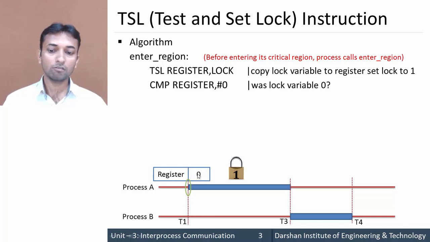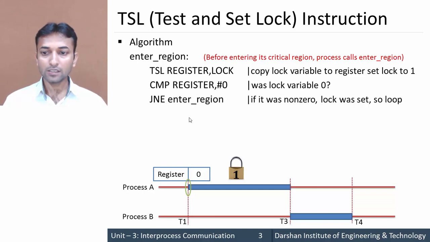If the value of the register is 0, that means this process is allowed to enter its critical section. Now if the value of the register is not equal to 0, that means the process is not allowed to enter its critical section. So the next instruction is JNE enter_region, meaning jump not equal.